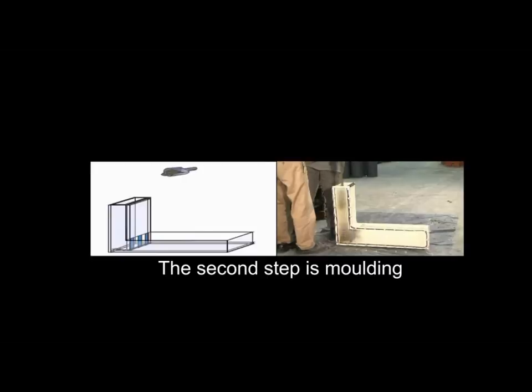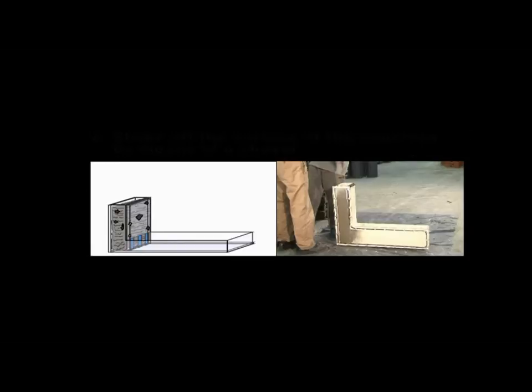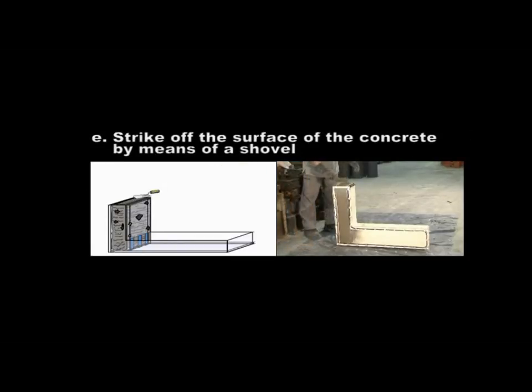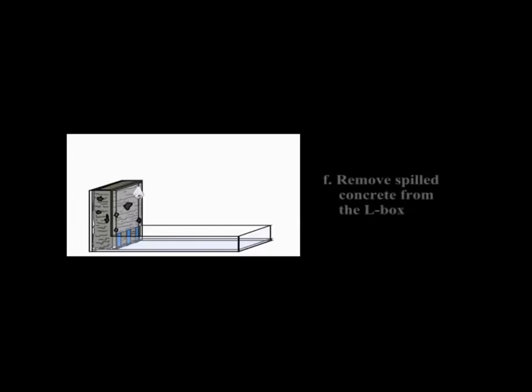The second step is molding. D. Place the concrete in the vertical portion of the L box until it reaches the top. E. Strike off the surface of the concrete by means of a shovel. F. Remove any spilled concrete from the L box.